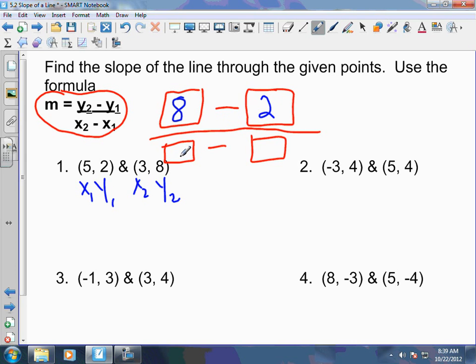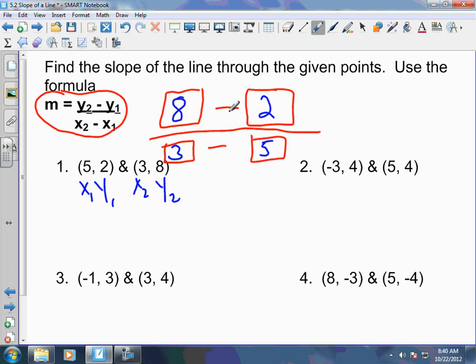What number goes here? 3. Minus, what number goes here? 5. Yes. y2 minus y1 over x2 minus x1. That's how I figure out what the slope of my line is.